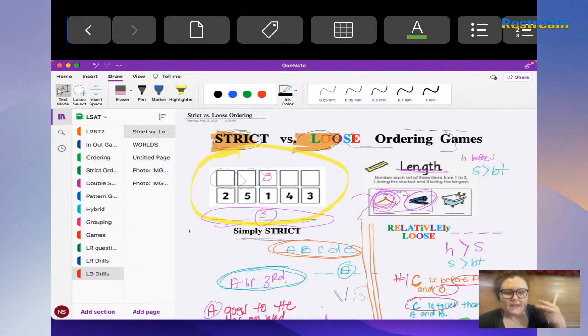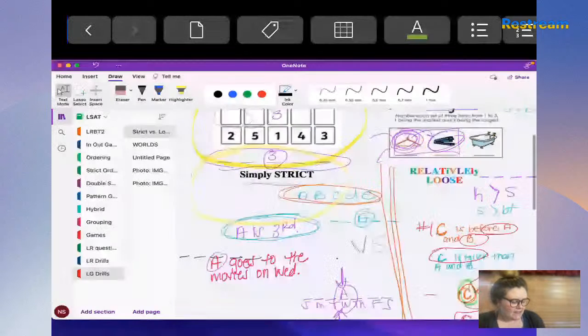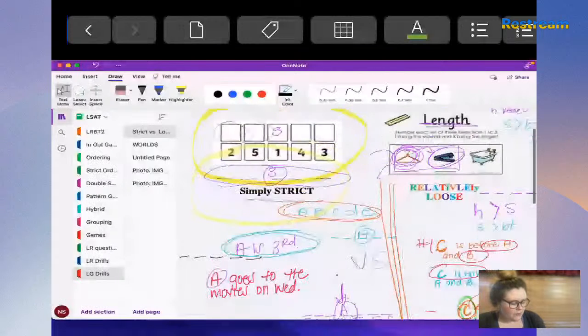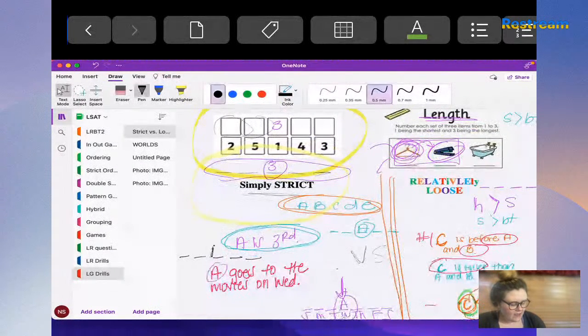We have person A, B, C, D, and E, and they each have to do something on a day of the week: Monday, Tuesday, Wednesday, Thursday, Friday. We have 5 spots and we have people that are actually going there. And so what these rules will look like is that A is third, because if that happens, we know that we are putting A right into that third spot. Strictly speaking, that's where they're going.